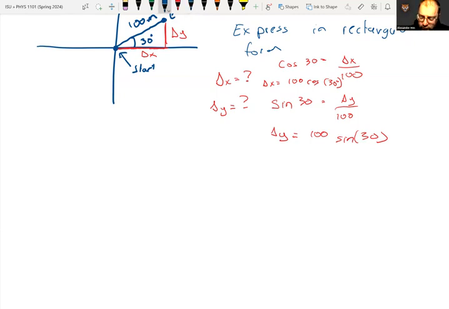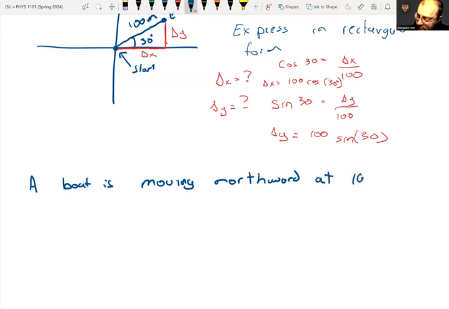So we'll say, for example, a boat is moving northward at 16 meters per second and eastward at 9 meters per second.